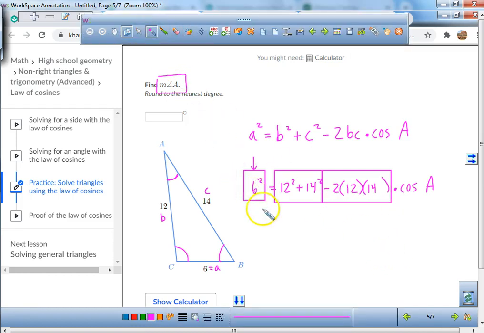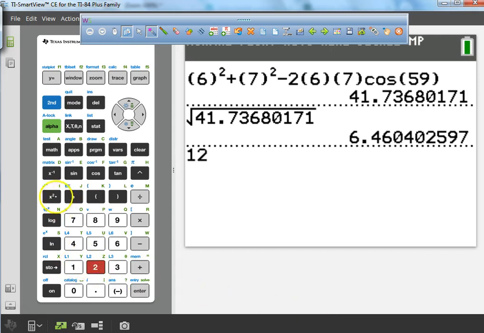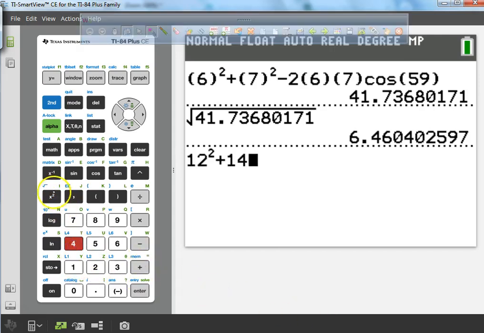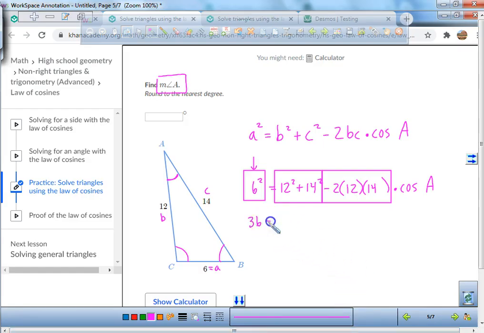Do 6 squared by itself and put 36. Then do 12 squared plus 14 squared, which is 340. So put equals 340.